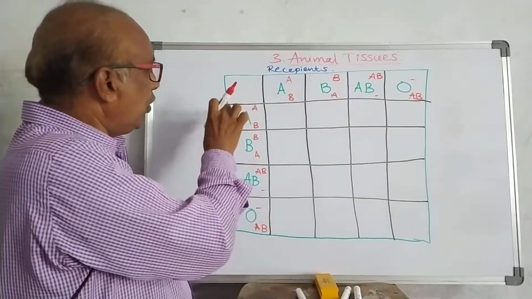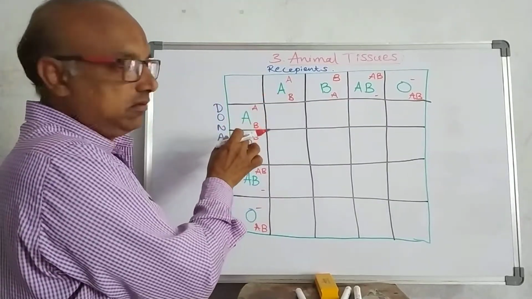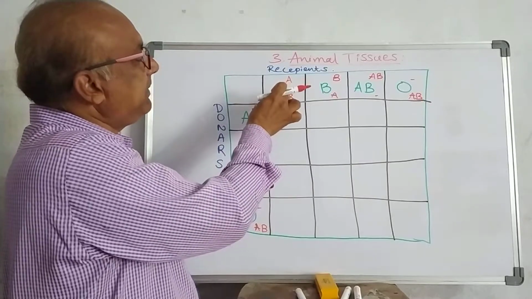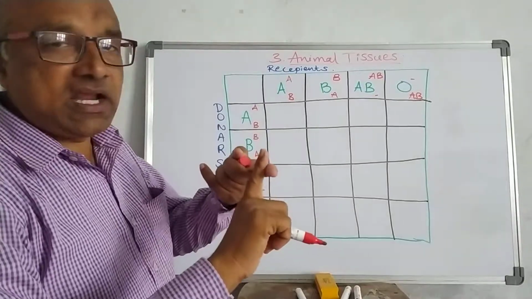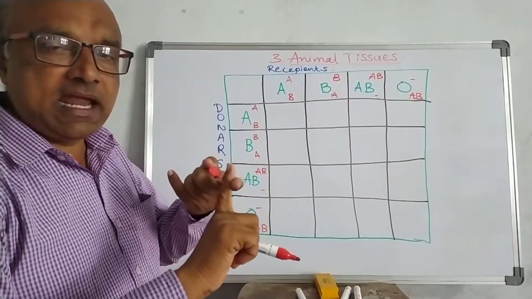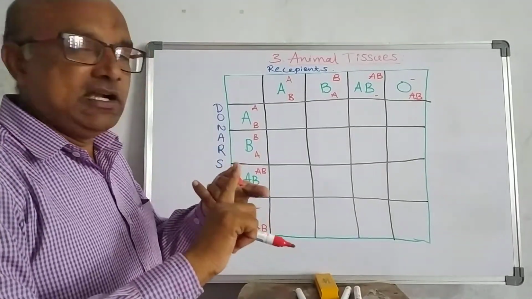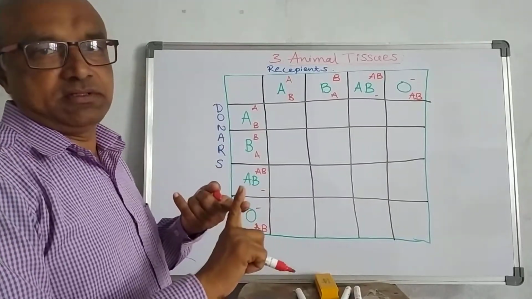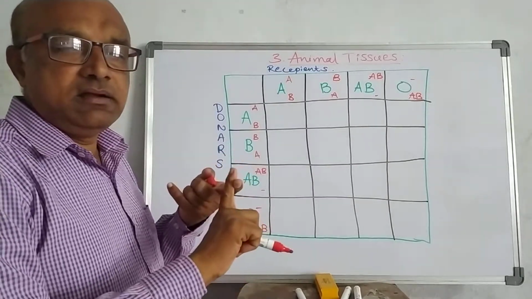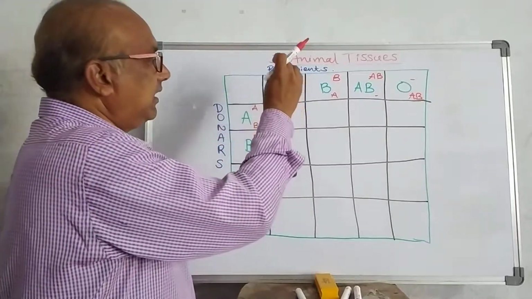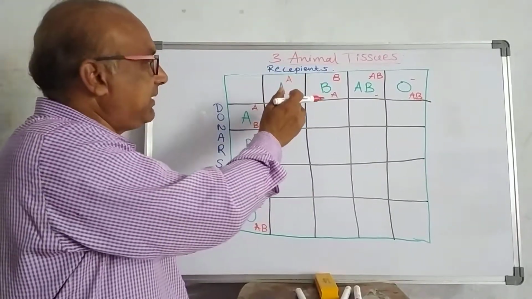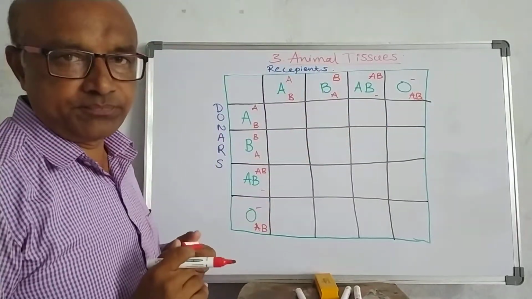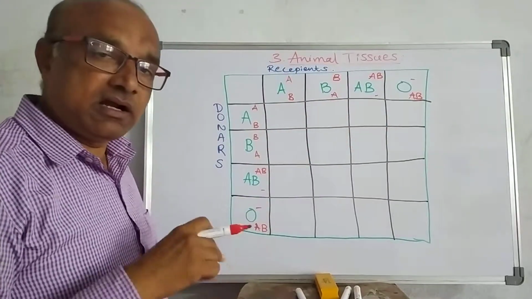If the donor antigen A is given to a recipient with antibody A, then there is an interaction between the antigen and antibody that leads to the formation of clumps. If the blood is given to that person, the patient will die because of the formation of clumps.